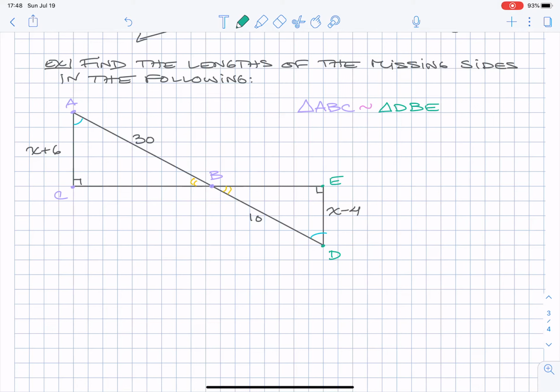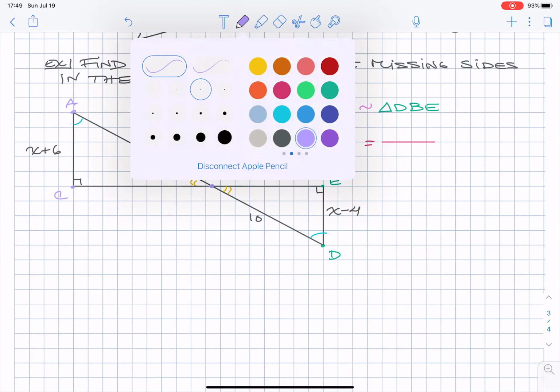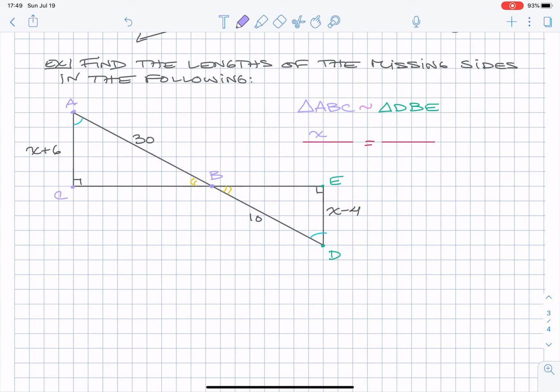So what that means is that the ratios of sides are the same. So I can set up a ratio to try and solve for x. Let's look at the left-hand side. I claim that x plus 6 is to 30, as 30 is the hypotenuse there.